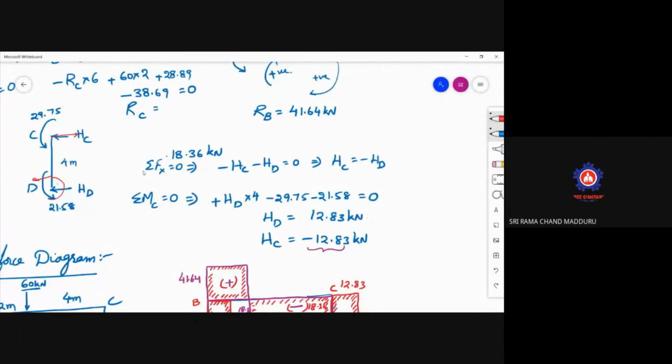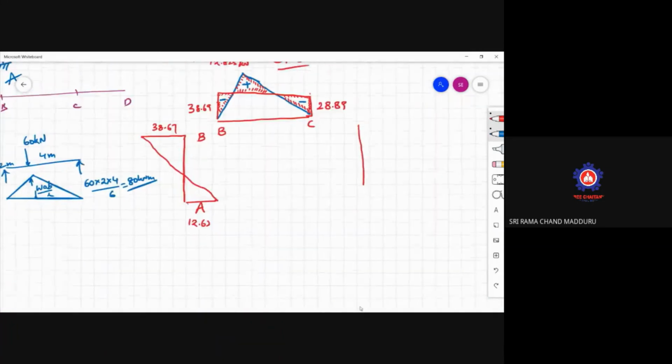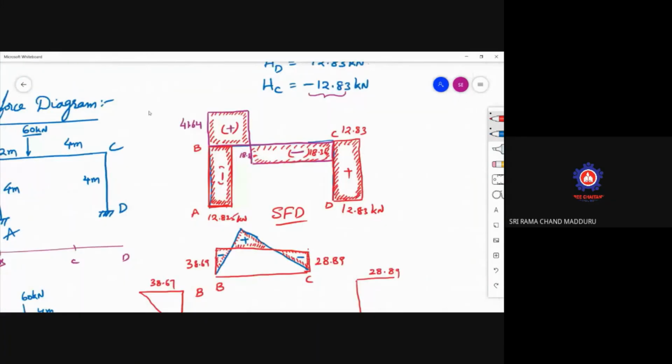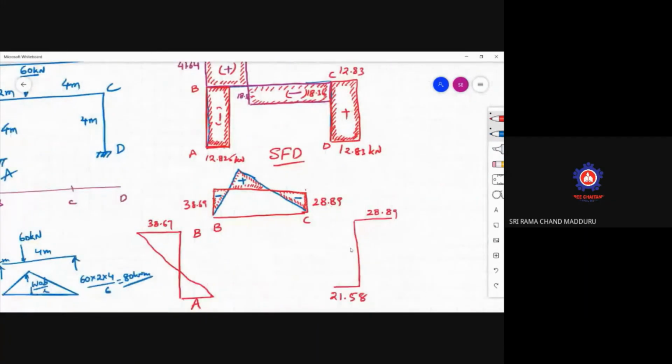So 21.58 here, and 28.89, I think. What is the value here? 29.75. So this is the diagram.